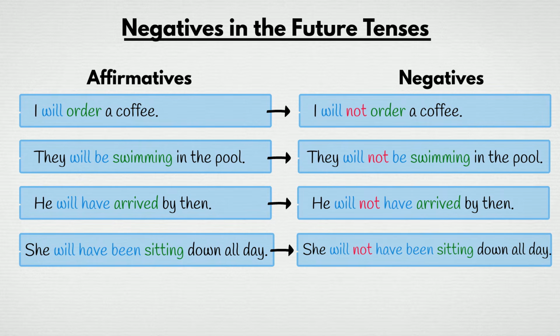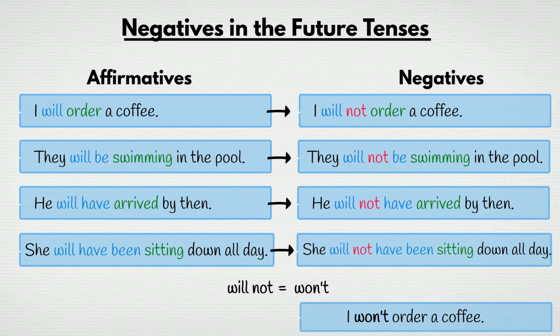She will not have been sitting down all day. As you can see, to form negatives, we simply use the word not after the word will. Note that the word won't is often used as the contraction for will not. For example, I won't order a coffee.